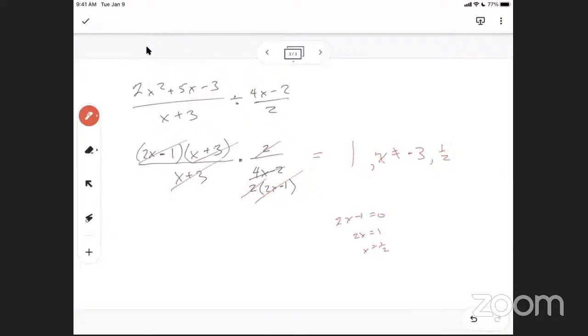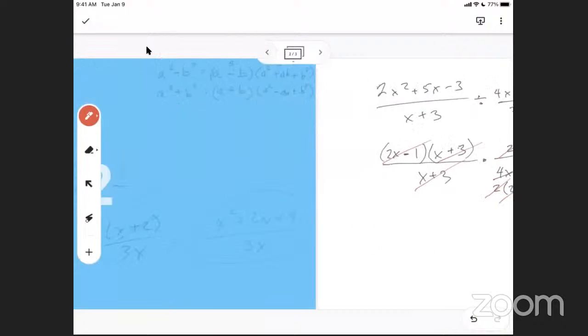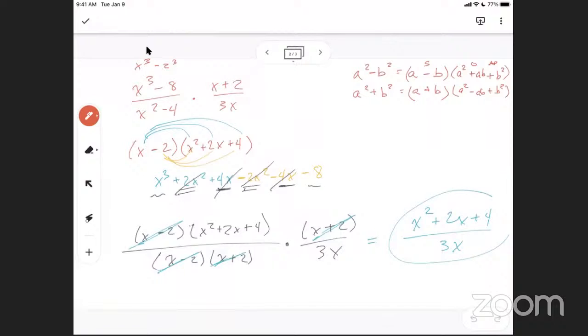Does your teacher make you write that out? Yep. Did we do that for everything? For this last one? No, we didn't. So what can x not equal here? It can't equal 0, which we don't even really have to write because you can see it still can't equal 0. But what did I cancel out here that I should mention?